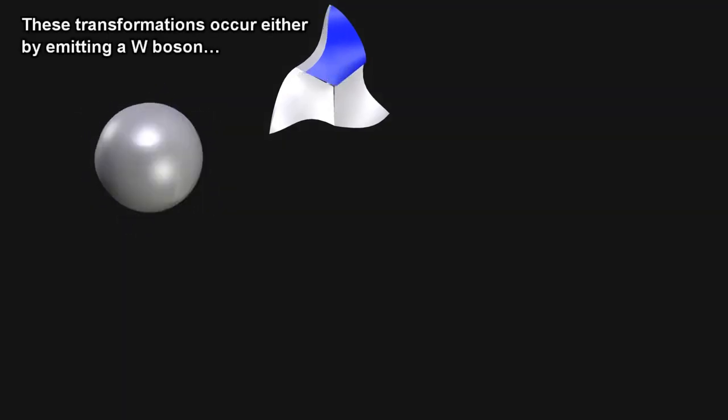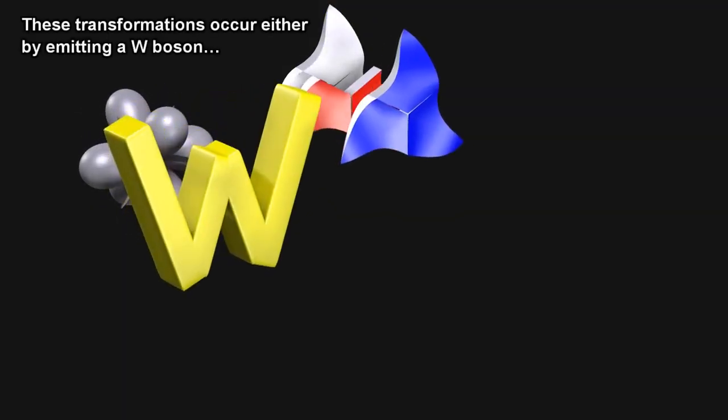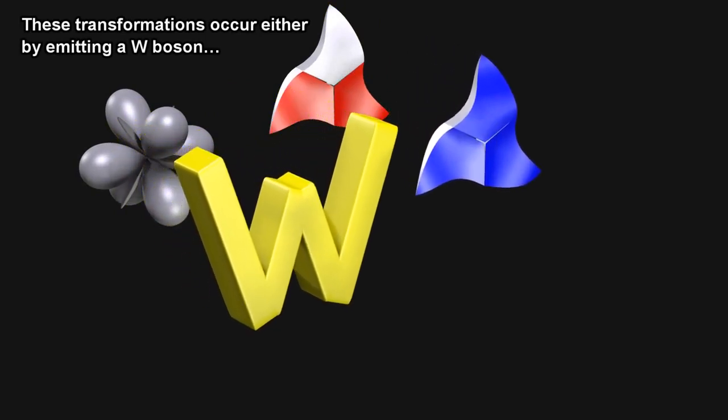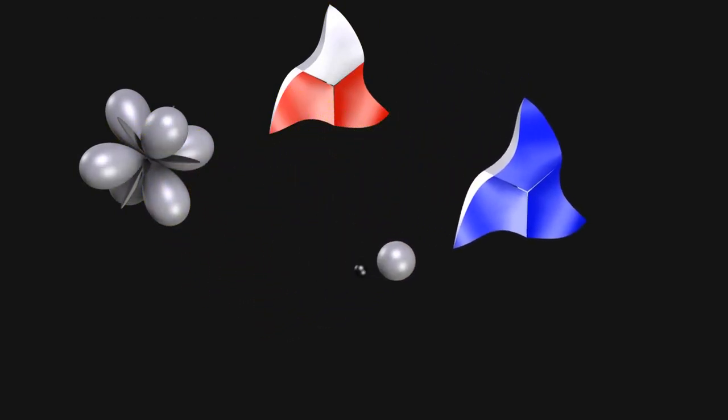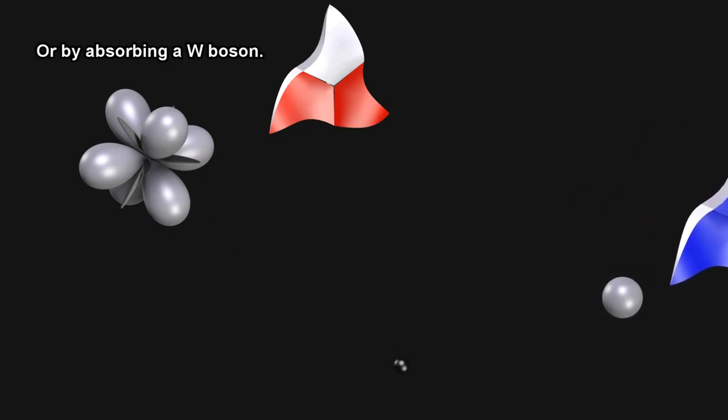These transformations occur either by emitting a W boson or by absorbing a W boson.